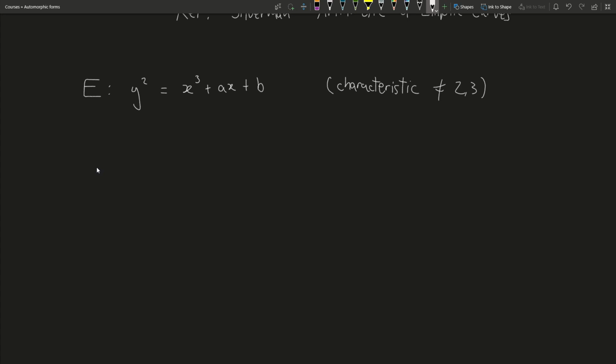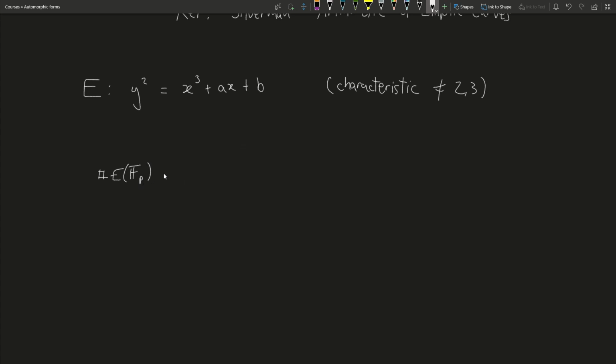And one quantity that we're going to be interested in is the number of points on an elliptic curve mod p. So I'll write it this way.